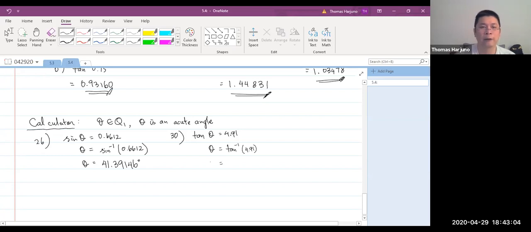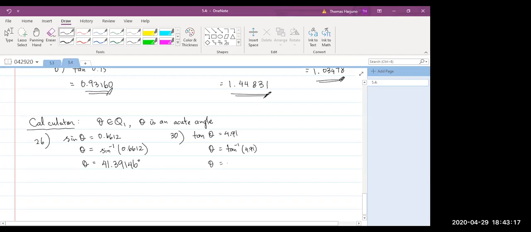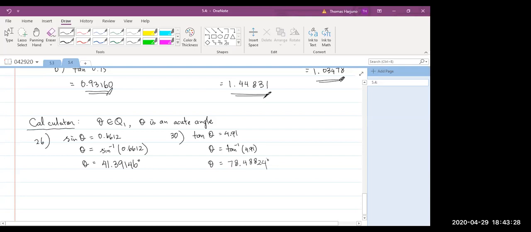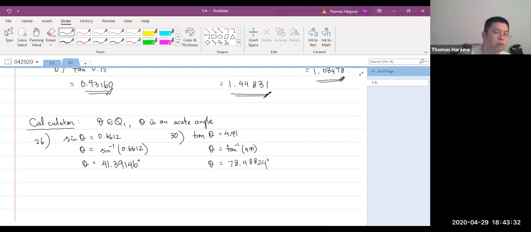What's that? 78.48824. Because it is in degrees, I use the degree sign. Is there a number of significant digits you want us to use? In my class, every time you do rounding, round to 5 decimal places.